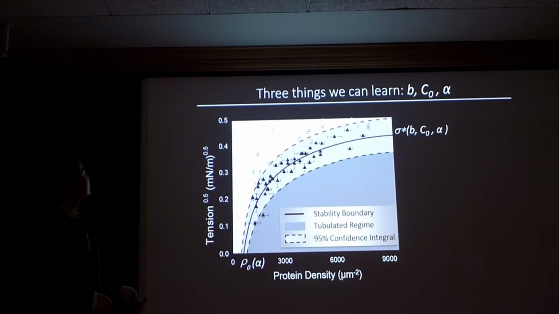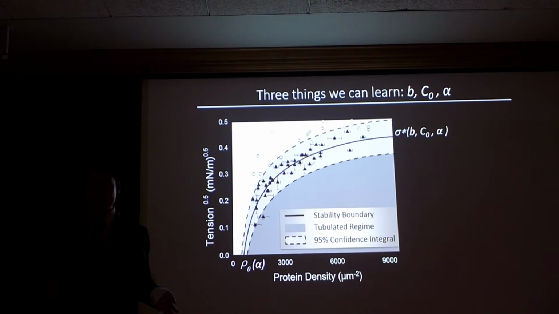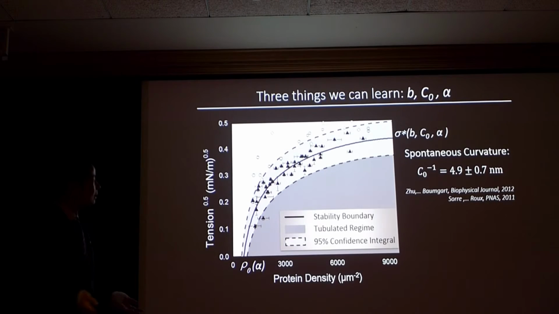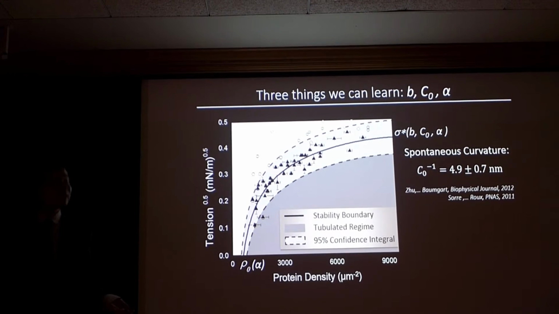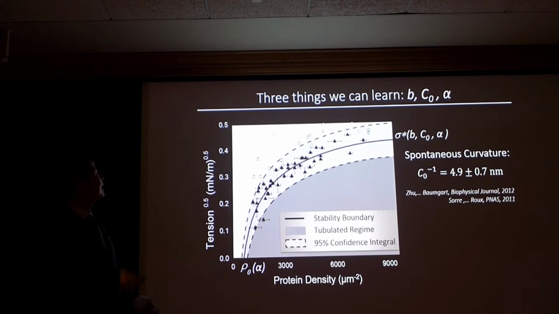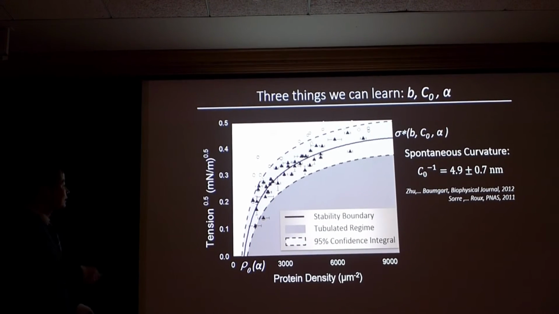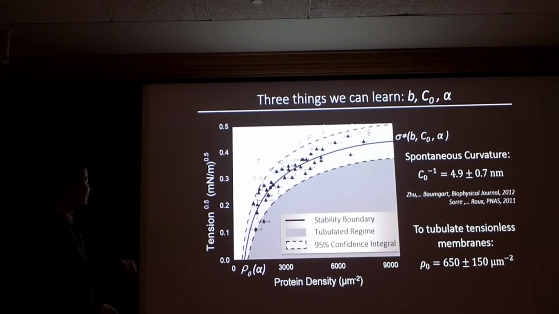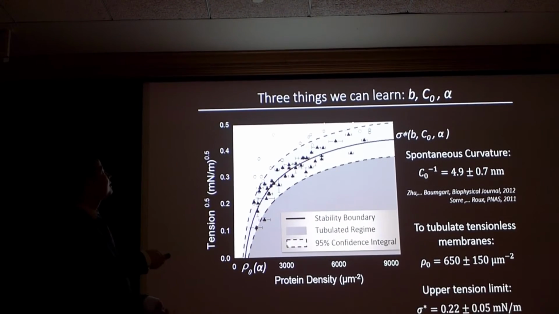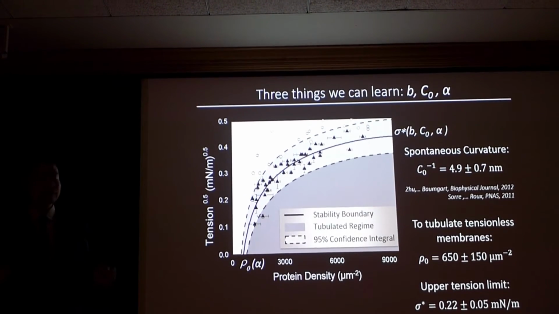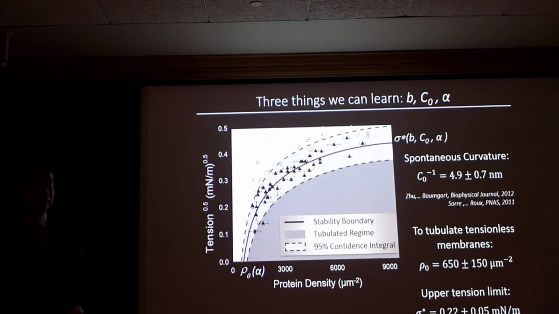And what we found, by fitting this, are the three things we can learn about the three unknown parameters. The first one is the spontaneous curvature of the membrane induced by the protein, which actually agrees pretty well with existing literature. The other two parameters, as in this figure, are the protein density to tubulate a zero tension membrane, and the upper tension limit beyond which the membrane will never be tubulated anymore.